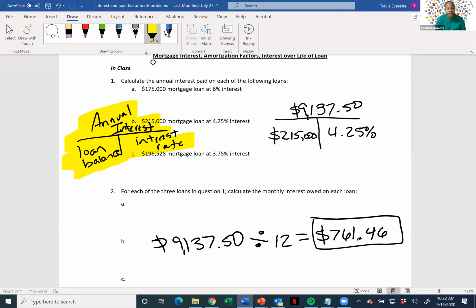That's got to pop in your brain. So you look at it and say, what do I need to get to the annual interest? I need 2 things: the interest rate, and the loan balance. I need to know how much money I'm actually borrowing. Does that make sense?